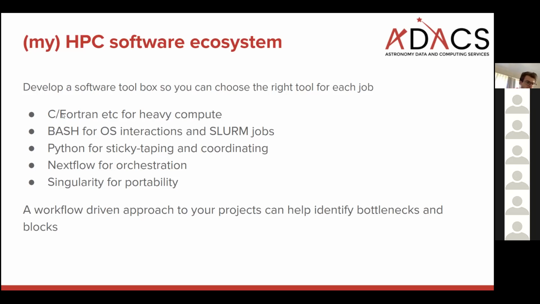I don't write these, but I use code that other people have written. Sometimes that means compiling it. Often it just means module loading from the system. I use Bash a lot for OS interactions and for writing Slurm jobs, so writing jobs that the Slurm task manager can execute.